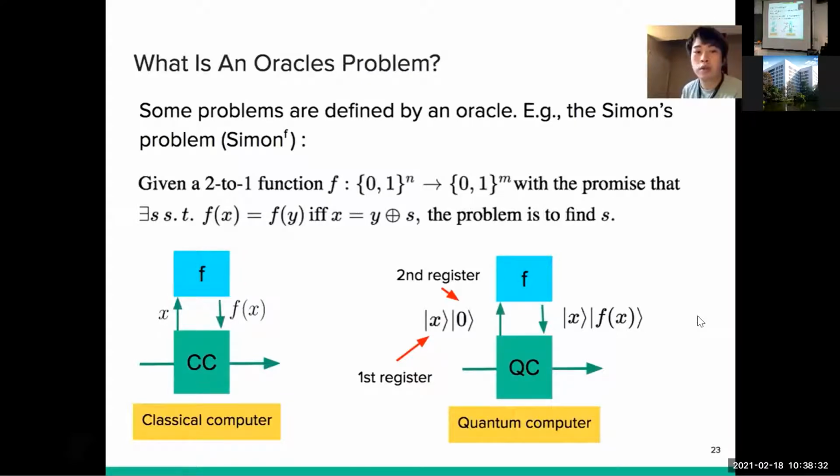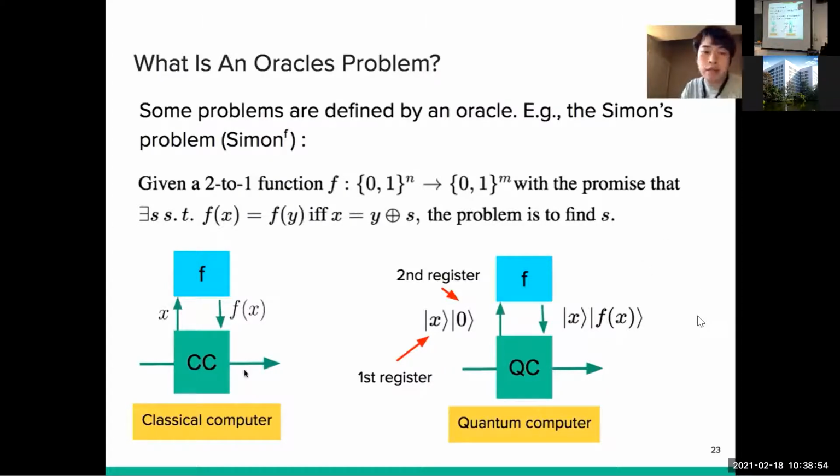In this problem, you are given a 2-to-1 function f from {0,1}^n to {0,1}^n, with the promise that there exists some s such that f(x) = f(y) if and only if x = y or x = y XOR s. And the problem is very simple: try to find s.